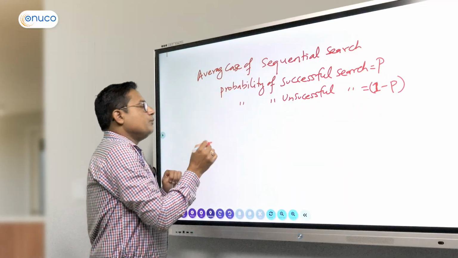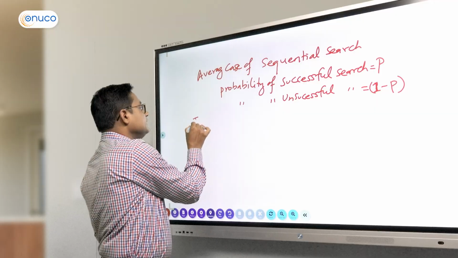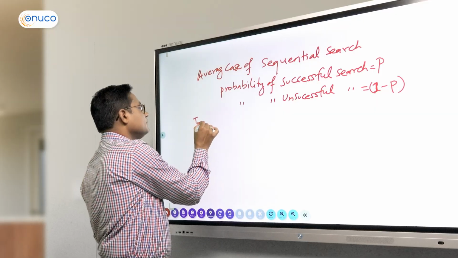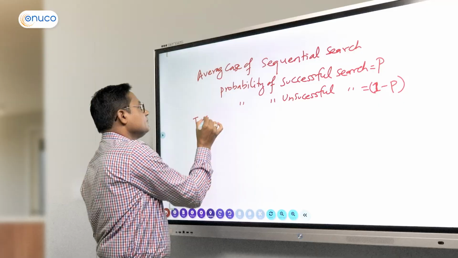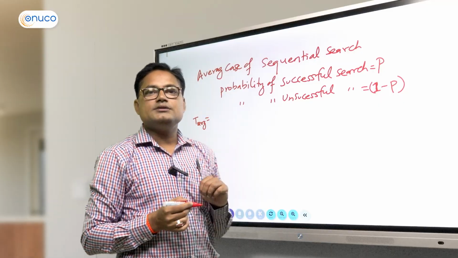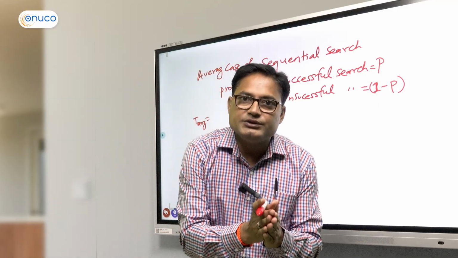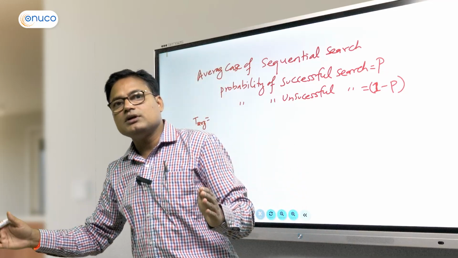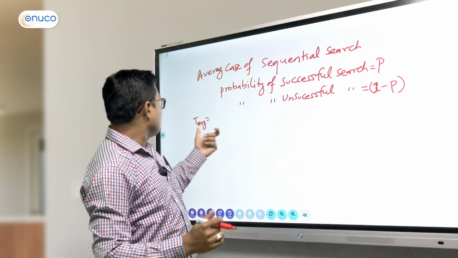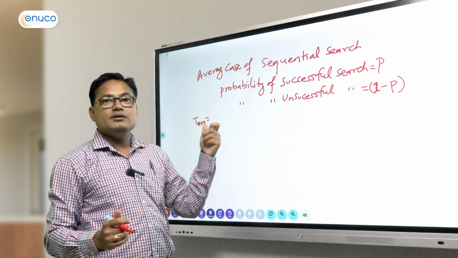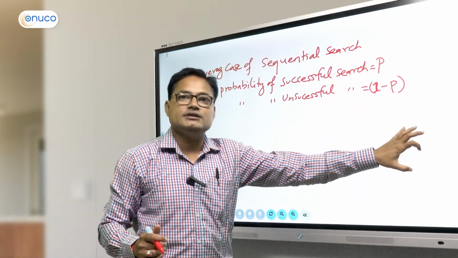Now, when we are talking about T average, it means the element can be found at the first position, or second, or third, or nth position. So this T average is going to cover the successful event and the unsuccessful event.